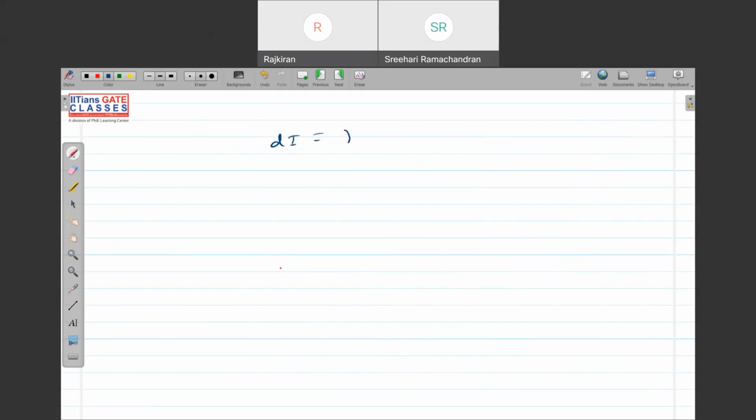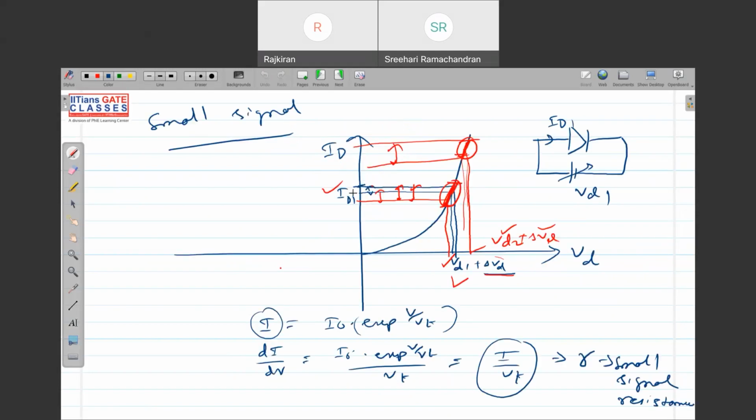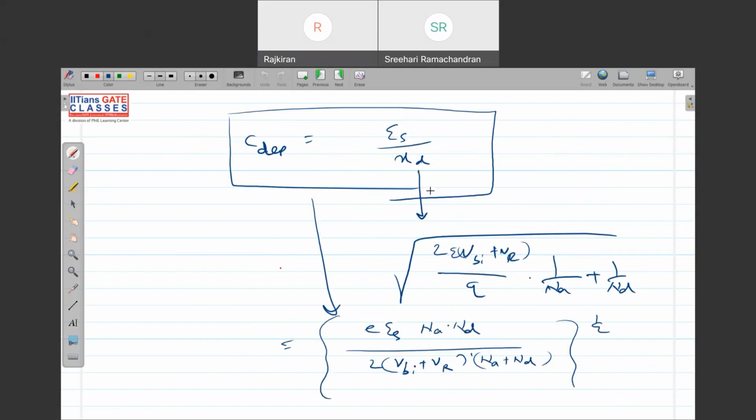Del I is equal to del V divided by the small signal resistance, where the small signal resistance equals VT by I. The change in current depends upon at what current you are in, what operating point, because this R is dependent upon my current. Like in this curve, suppose you are at current ID1, and now this is your ID2. If you go from ID1 to ID2, the change will be different.